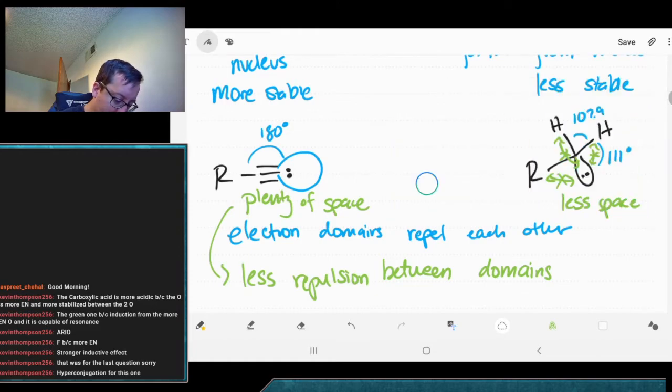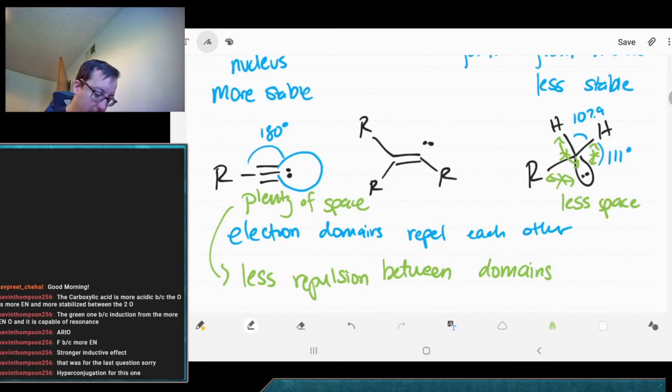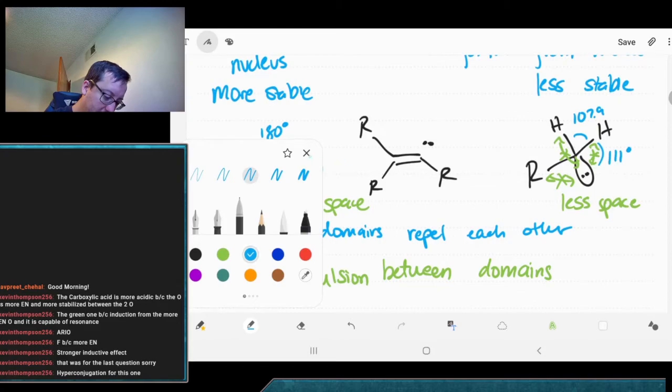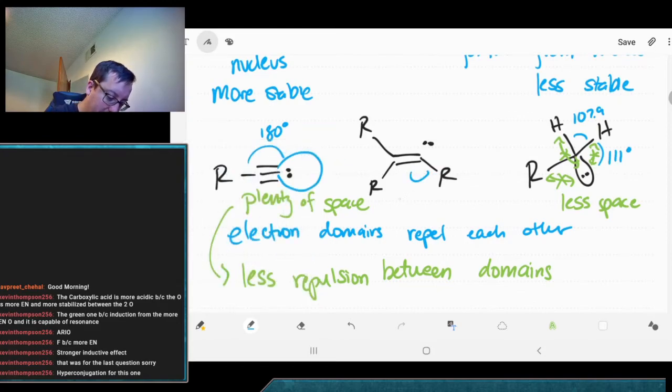There are no lone pairs. If we're looking at these bond angles, we're looking somewhere here just a little bit less than 120. Or this one will be just a little bit more than 120. Just a little bit. 122 maybe, whatever.